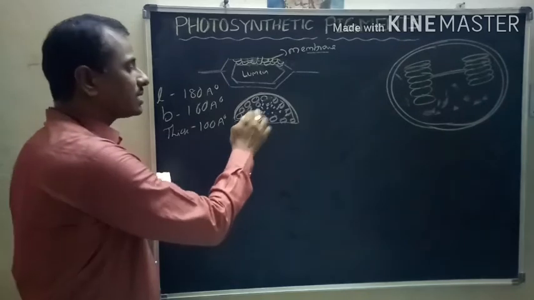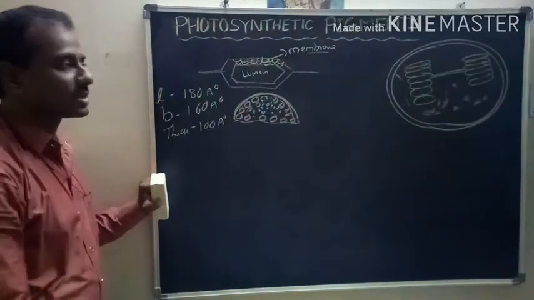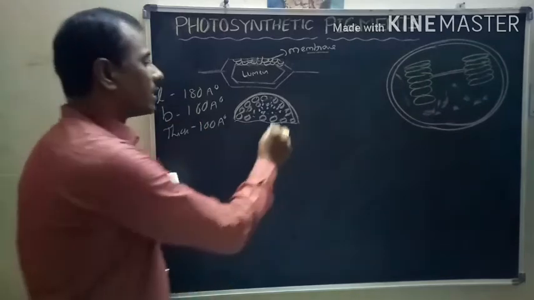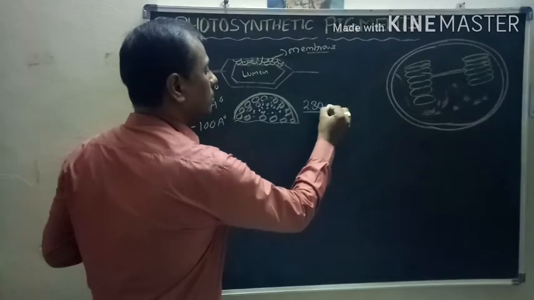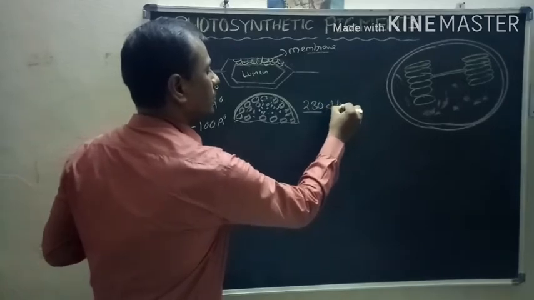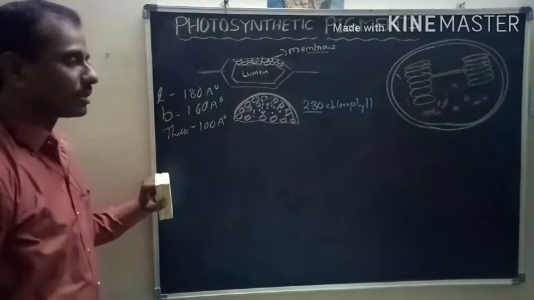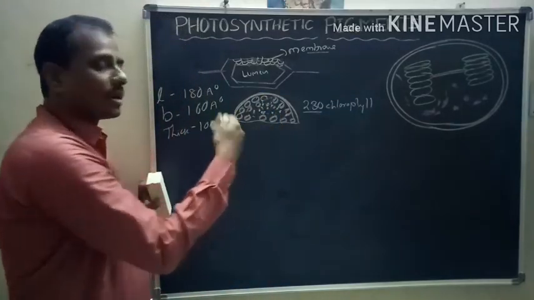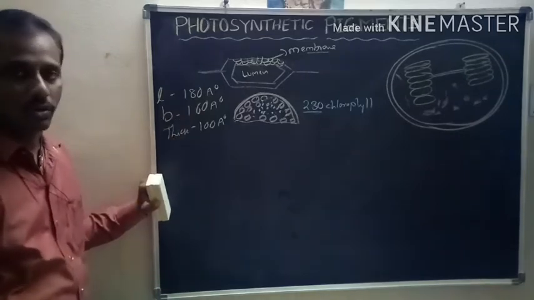A single quantosome contains up to 230 chlorophyll pigments. The remaining pigments are the other pigments, the carotenoids and phycobilins.